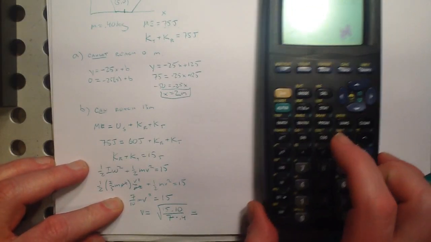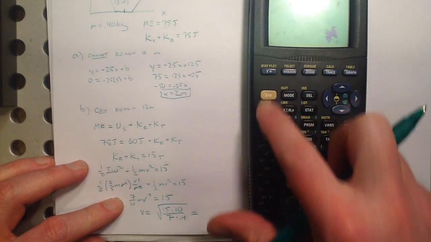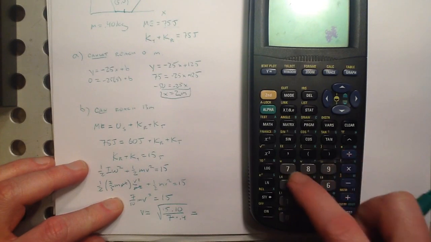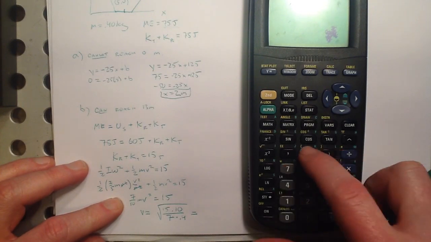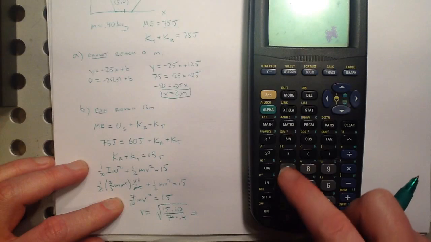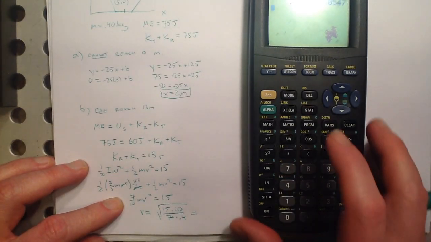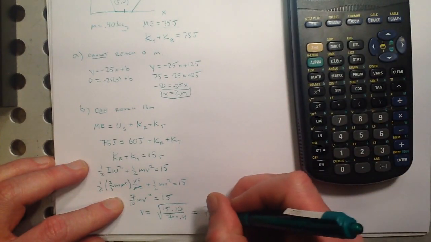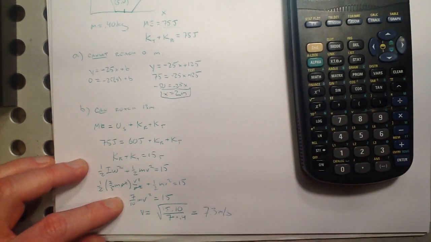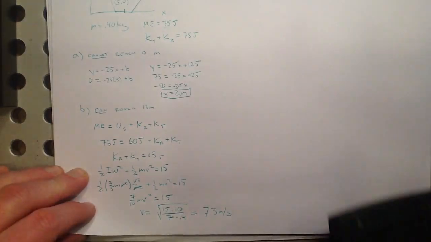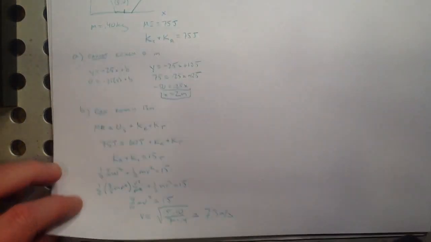So solving for the velocity, the square root of 15 times 10 divided by, make sure all this stuff ends up on the bottom, 7 times 0.4. That's 7.3 meters per second. Cool. That's a good review of potential energy curves, too.